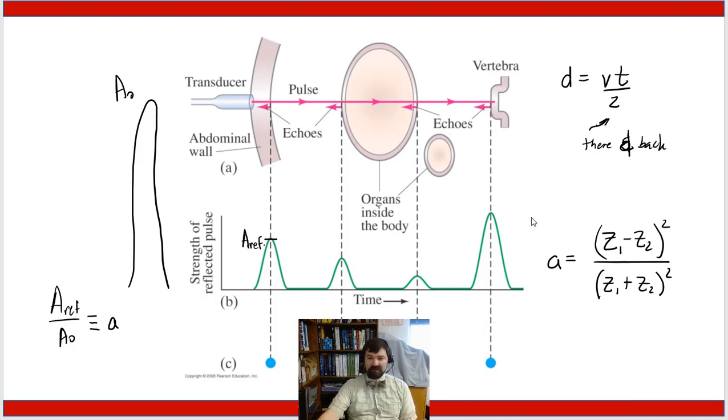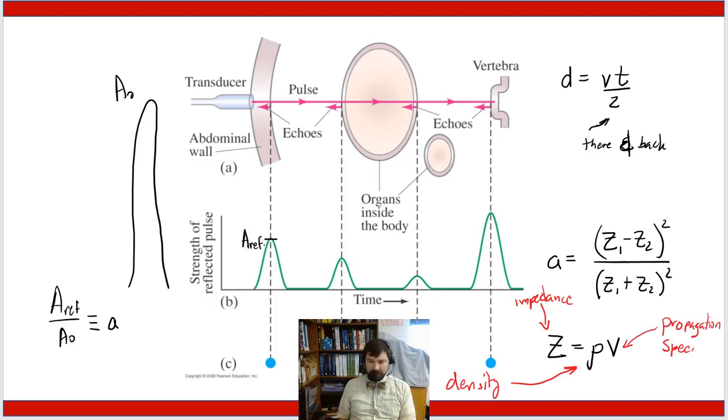So what determines impedance? Well, impedance is just given by the wave speed times the density of the material. So this is what's called impedance. This is the density, and this is the propagation speed.